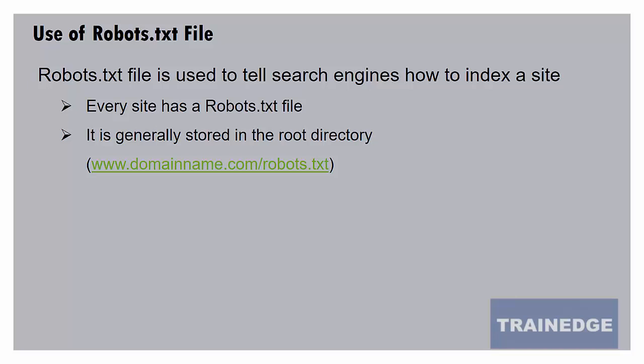So, for example, if your site is www.abc.com, on the web server where your site is hosted, there will be a folder for your website, abc.com. That is called the root folder of the website. And we'll put the robots.txt file in this particular folder.